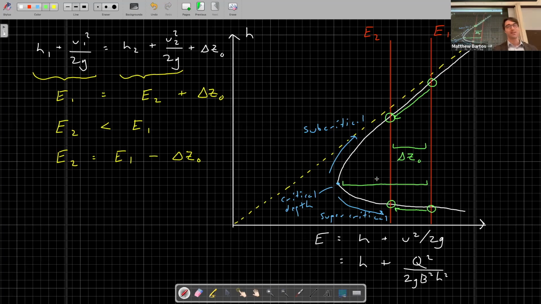A bigger bump, right? So it has to transition through some change in elevation delta Z max to reach that critical depth. And then from that point, it can continue transitioning to the supercritical solution. Why is that not possible for this problem?